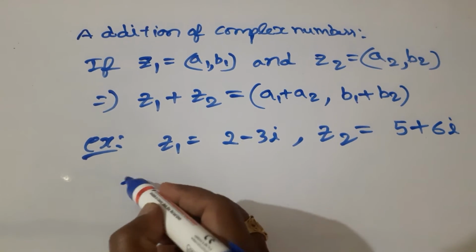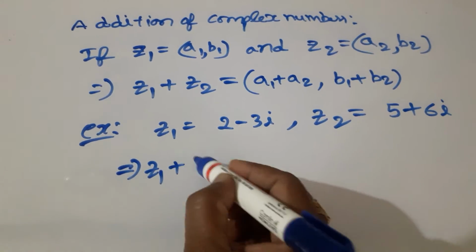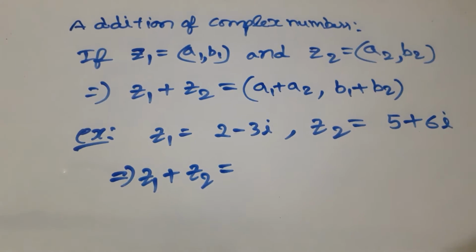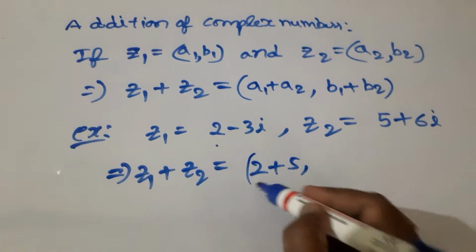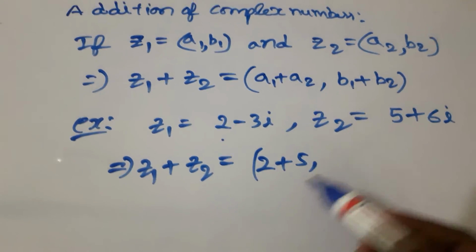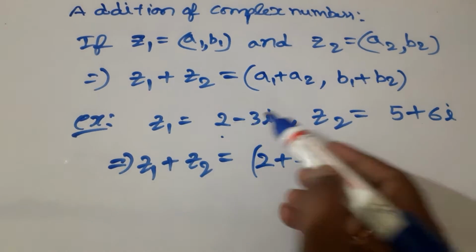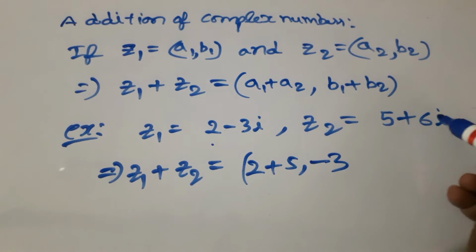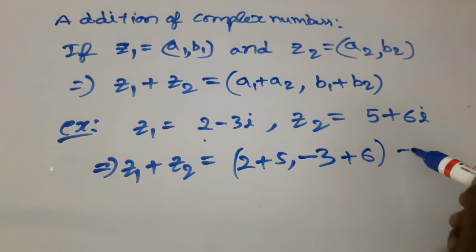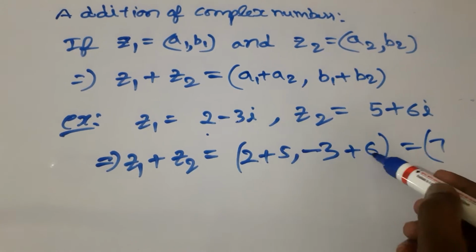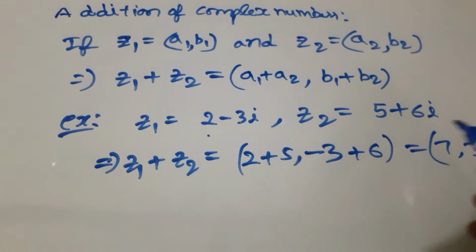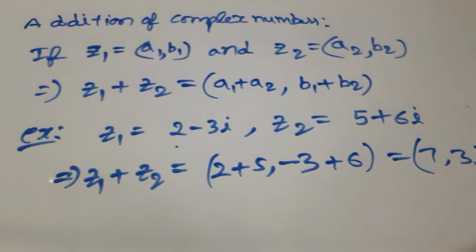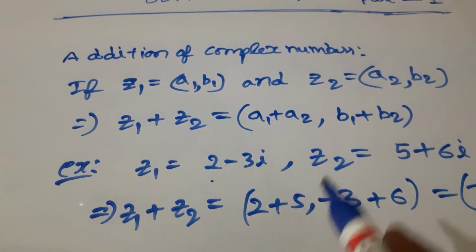So how to calculate z1 plus z2? z1 plus z2 equals 2 plus 5, comma, adding real parts 2 plus 5 and adding imaginary parts. Imaginary part here minus 3, here plus 6. So we are getting 7, and 6 minus 3 is 3. So 7 comma 3. So z1 plus z2 is equal to 7 comma 3. In this way we can add two complex numbers.